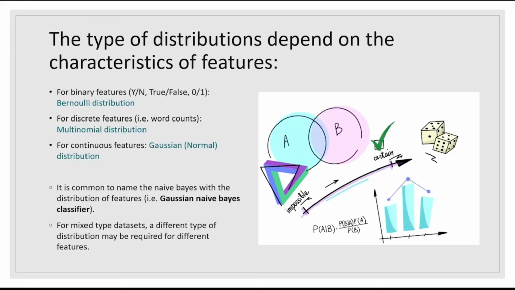Now, we have seen the Bayes theorem and what a Bayes classifier is and how we calculate the probability. So let's look at the pros and cons of the naive Bayes algorithm. The pros: the assumption that all the features are independent makes the naive Bayes algorithm very fast compared to the complicated algorithms.